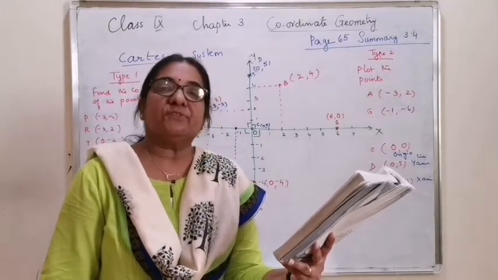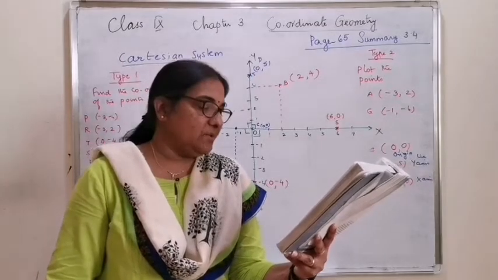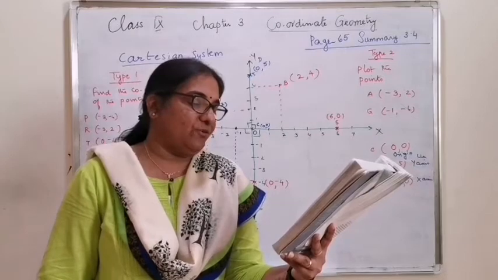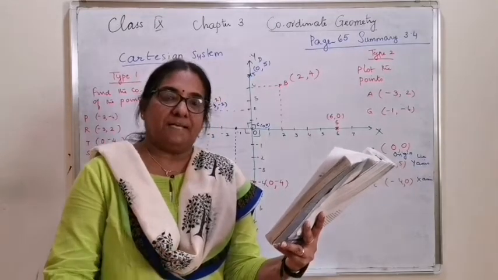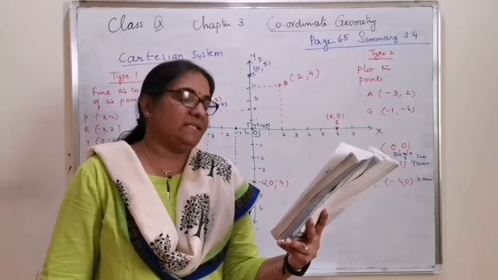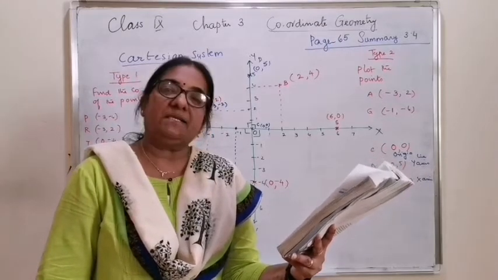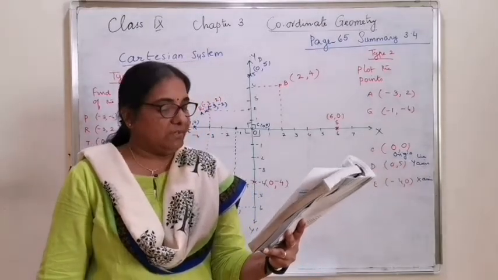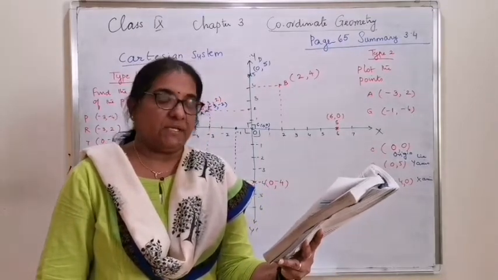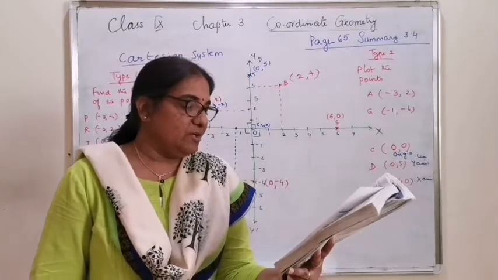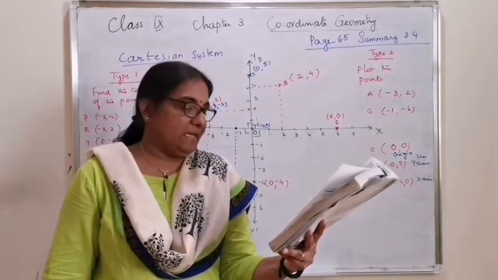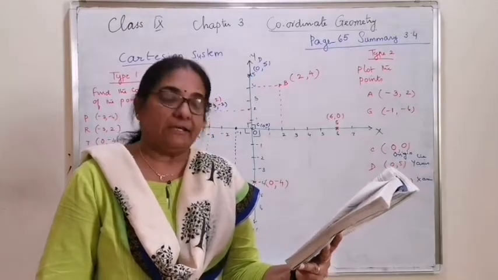The coordinates of the origin are (0, 0). The coordinates of a point are of the form (+, +) in the first quadrant, (-, +) in the second quadrant, (-, -) in the third quadrant, and (+, -) in the fourth quadrant, where + denotes a positive real number and - denotes a negative real number.